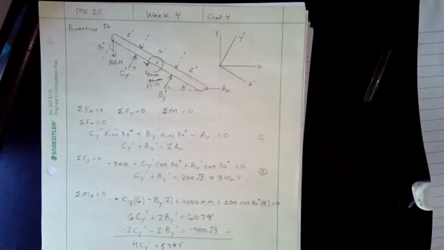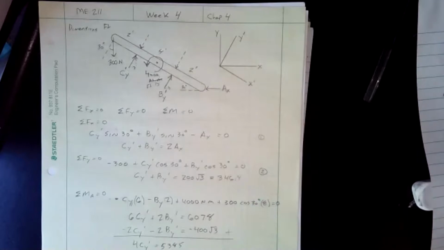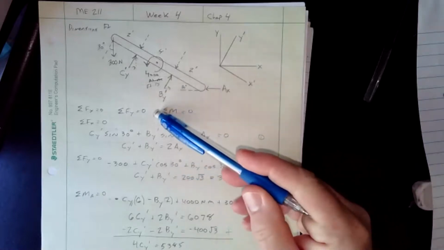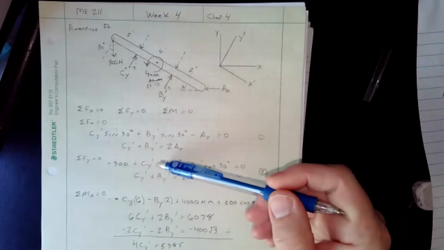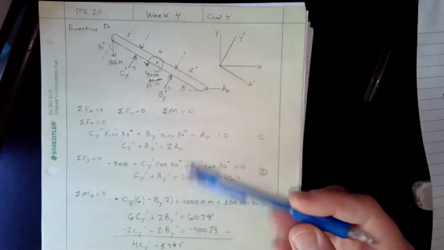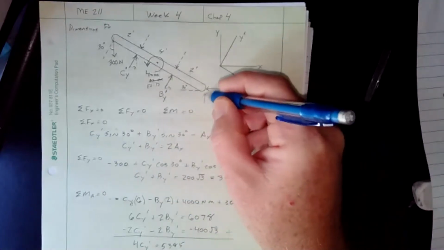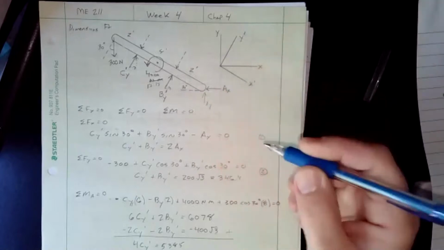But most of the time, what you'll find with these 2D equilibrium problems is that you will start off with a free body and you'll have your two equations, sum of the forces in the X, sum of the forces in the Y, and then you'll take a moment about the point with the most unknowns. So in another universe, maybe this problem had a Y component too.